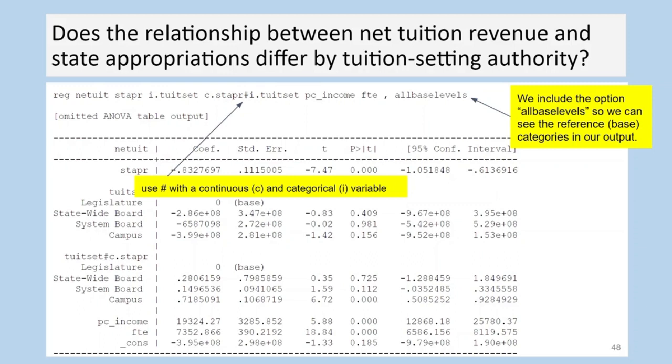So your original question might be, what is the relationship between net tuition revenue and state appropriations, and how does it differ by tuition setting authority? So I'm breaking this down, right?